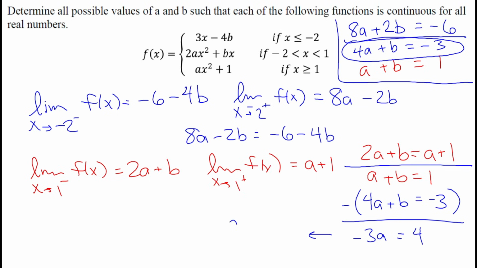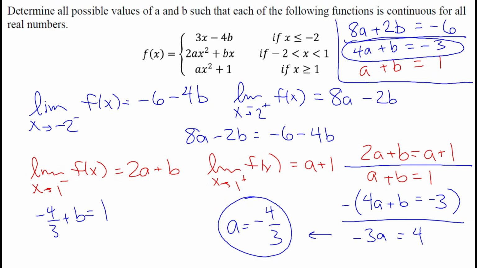So we end up with a is equal to negative 4/3. If a is negative 4/3, well, we know that a plus b needs to be 1. That tells me that b is 1 plus 4/3, and 1 plus 4/3 is 7/3.